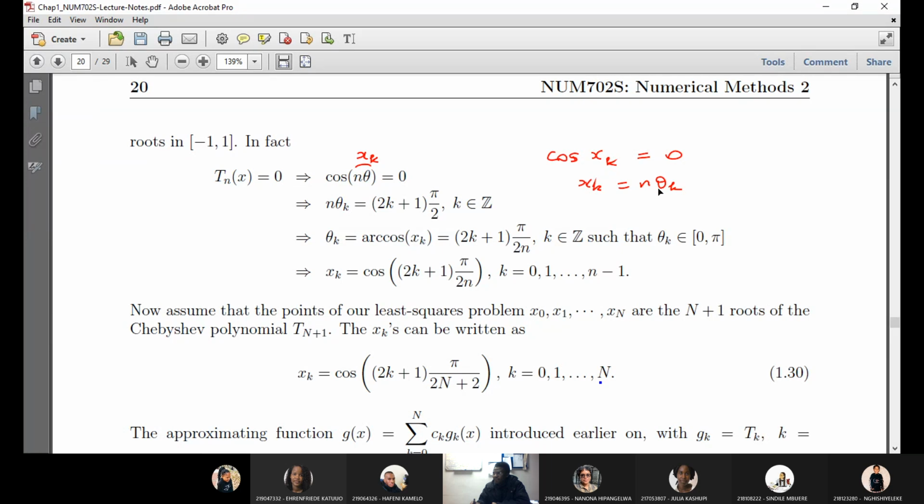And so if I write this theta, we know that theta k itself is cosine inverse, if you recall. This is cosine inverse of what? Of x, or xk, something like that.